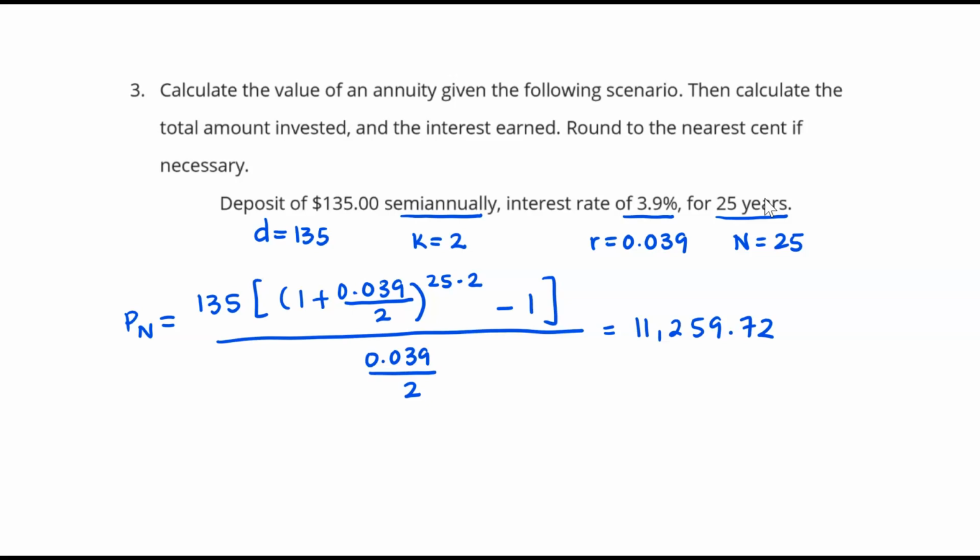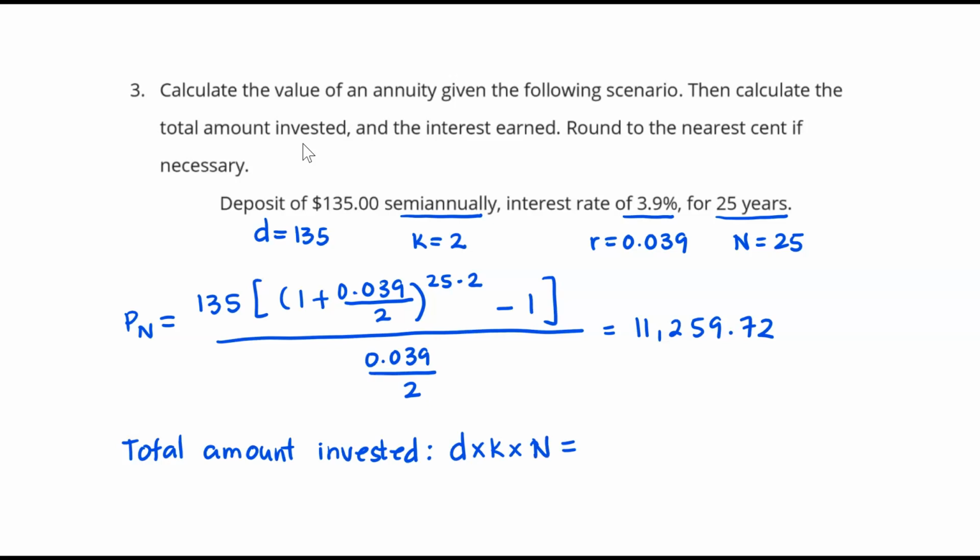And then we will calculate the total amount of investment or the total amount invested. So the total amount invested is calculated by multiplying D, the deposit, times the number of compounding periods times the number of years.